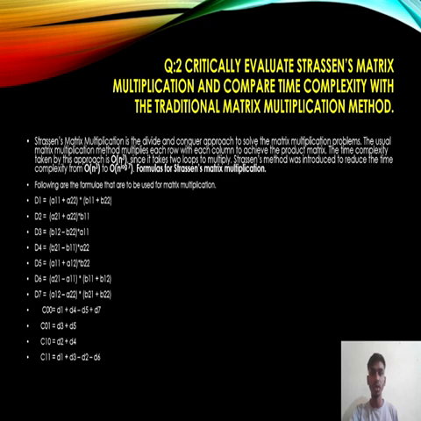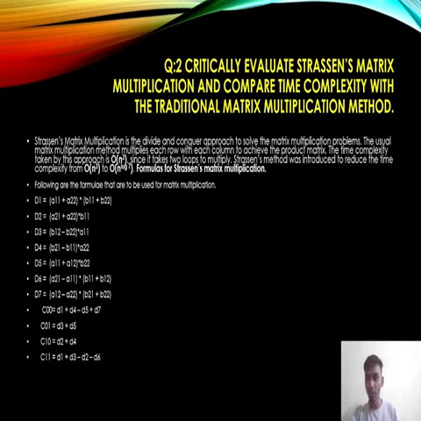Formulas for Strassen's matrix multiplication: the following are the formulas to be used for the matrix multiplication. D1 is equal to (A11 plus A22) into (B11 plus B22). D2 is equal to (A21 plus A22) into B11. D3 is equal to (B12 minus B22) into A11.